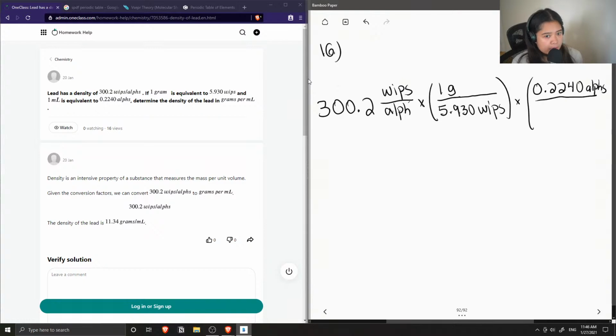And this is per 1 mil. So now we put milliliters at the bottom, since for our desired units, we want milliliters to be in the denominator. So if we divide 300.2 by 5.93 and then multiply by 0.224, we end up getting 11.34 grams per milliliter.